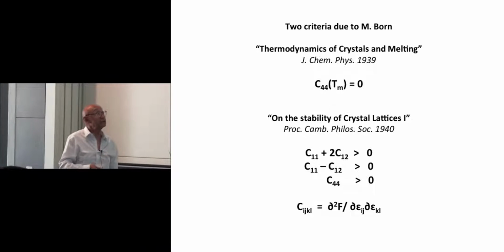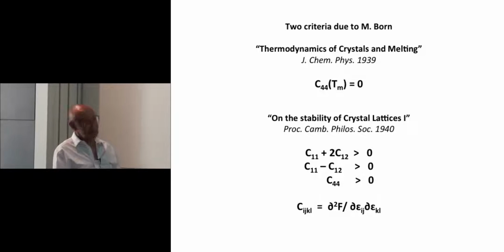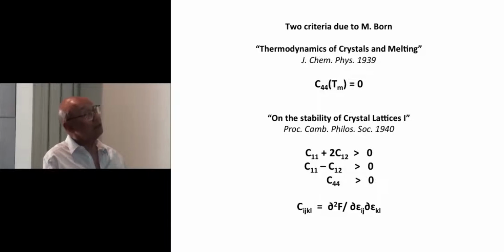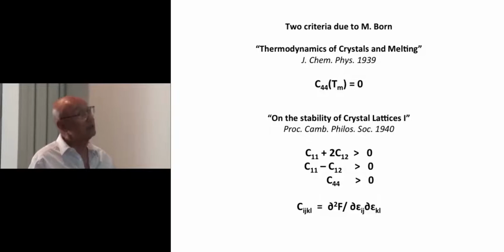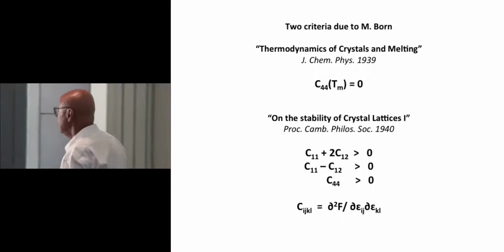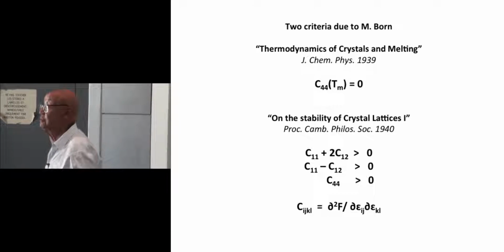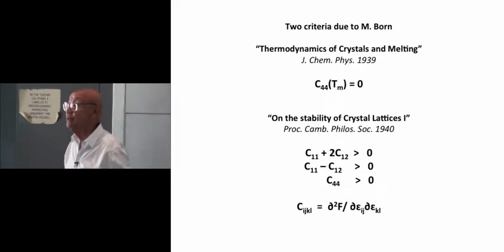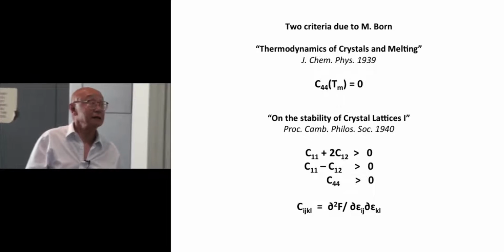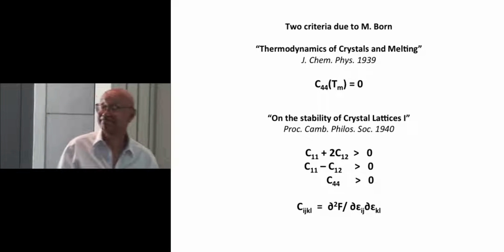So let's go back to Max Born. In 1939, he published a nice little paper in Journal of Chemical Physics with a great title: Thermodynamics of Crystals and Melting. If you look at that paper, it simply says it's well known that a crystal cannot sustain shear.